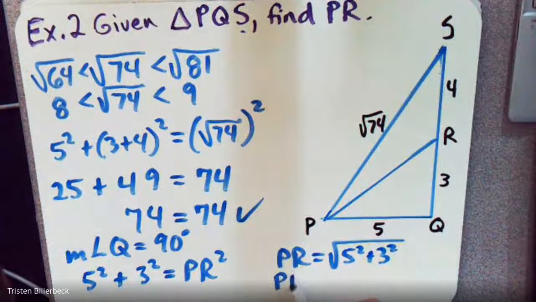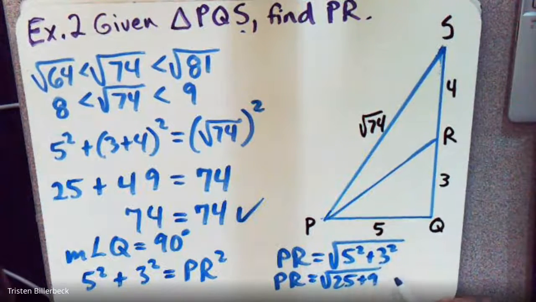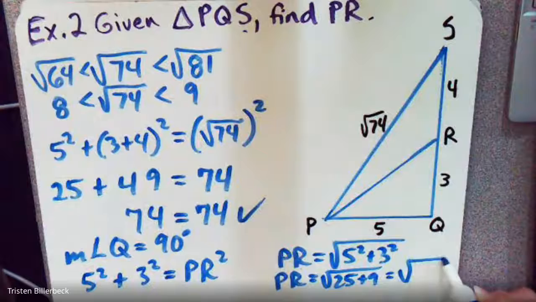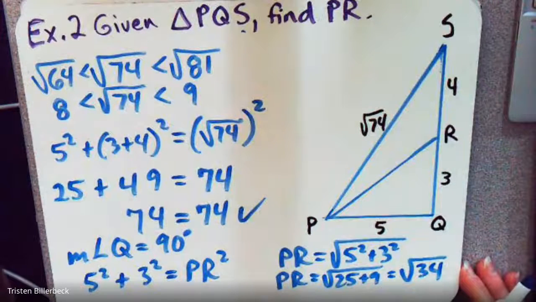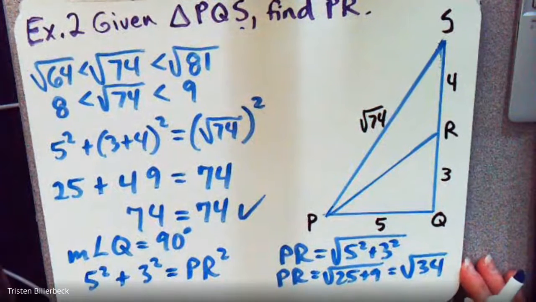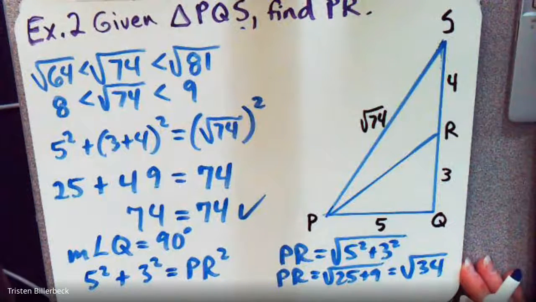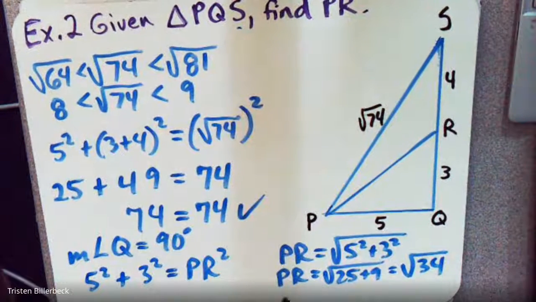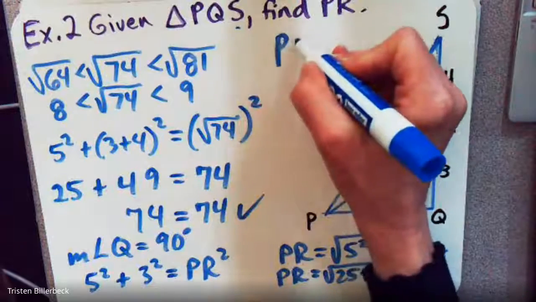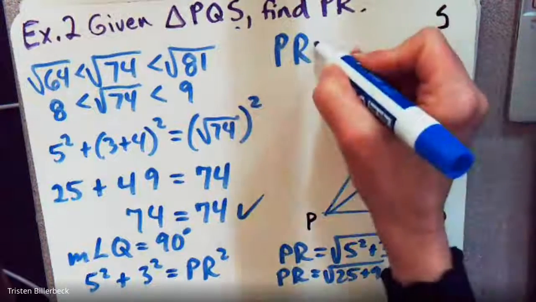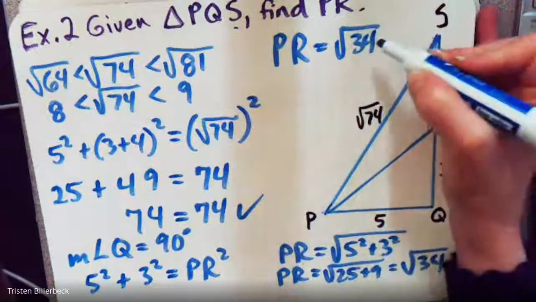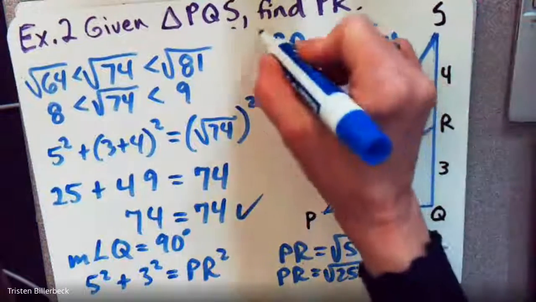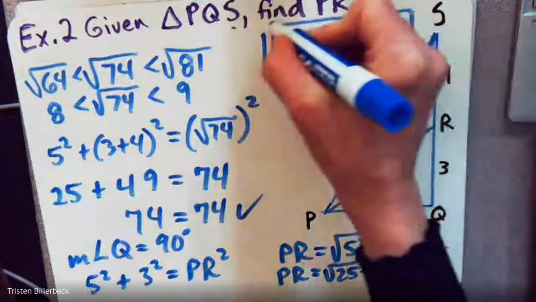So PR equals the square root of 25 plus 9, which equals the square root of 34. All right, and the square root of 34 is just the square root of 34. So we can say PR equals the square root of 34. And we didn't get any units, so we'll just put U for units because it is a length, so it does have some sort of unit.